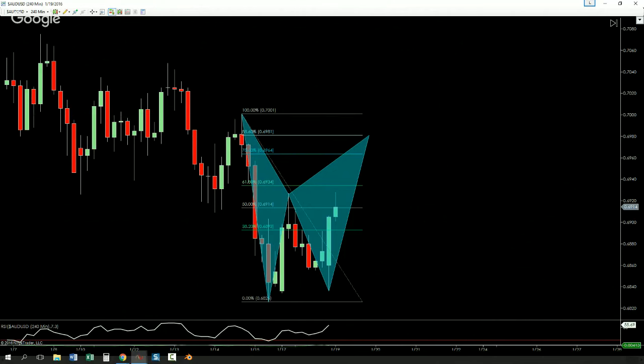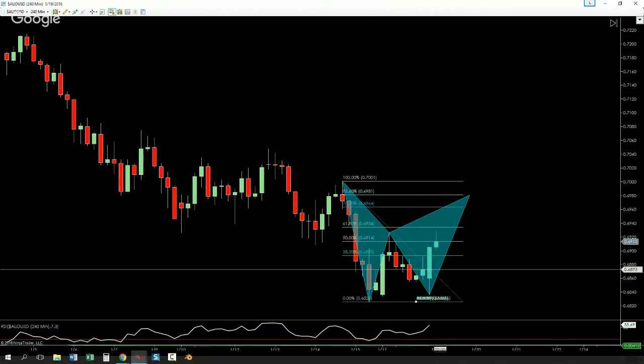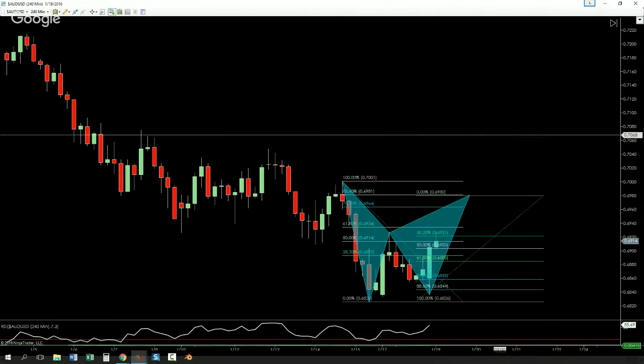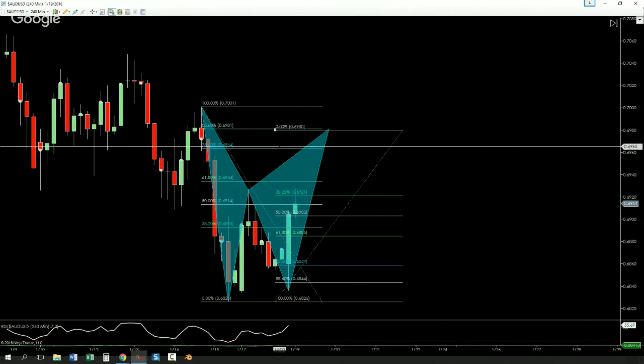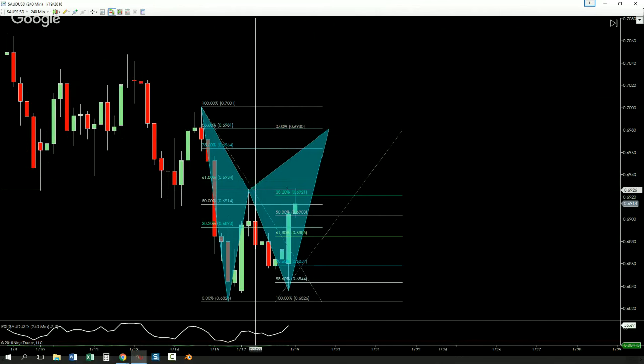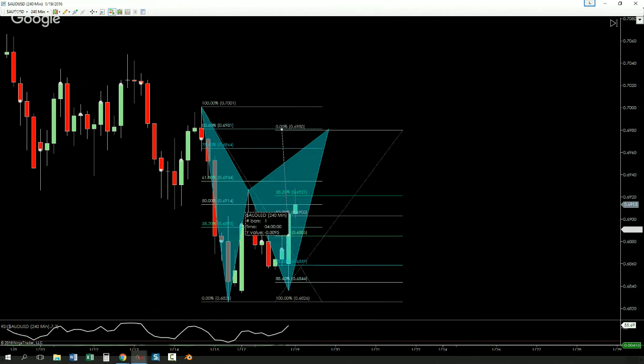Targets are above this X level, target ones and twos, the 382 and the 618, and that's about 59 pips to target one, and about 95 pips to target two.